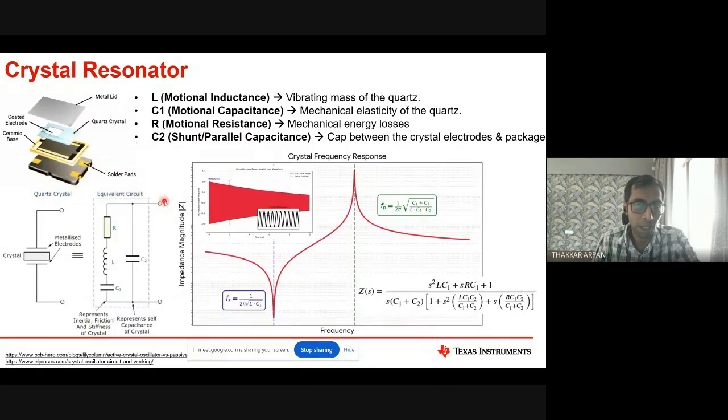You find a current, measure the voltage, V divided by I, that is nothing but the impedance given by this circuit, right? One thing is you can always write all these formulas: R plus sL plus 1 by sC1, that you put in parallel with C2, and then you solve that, and you get this complex formula. But we'll try to understand it intuitively, why it makes sense, right?